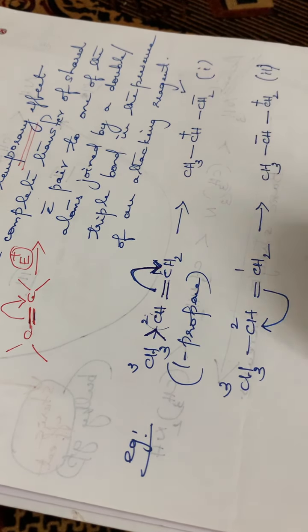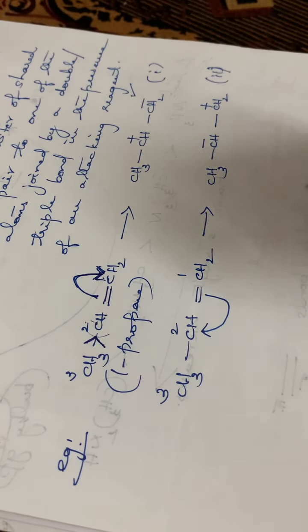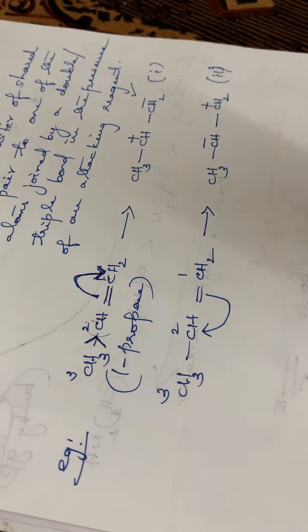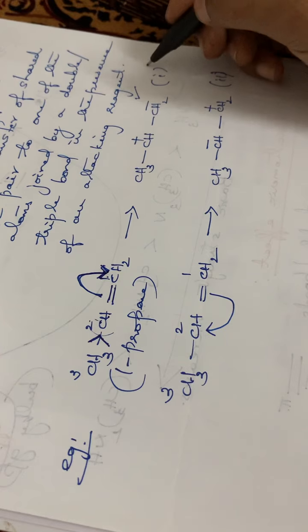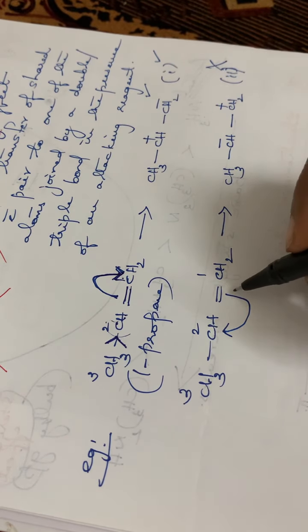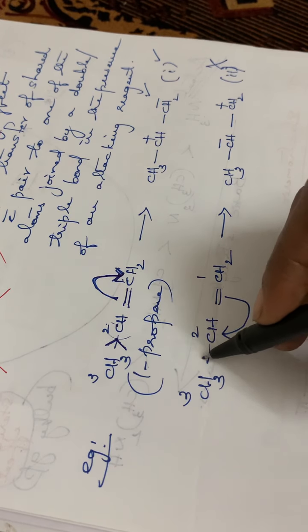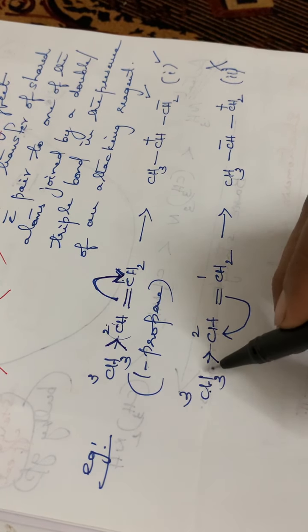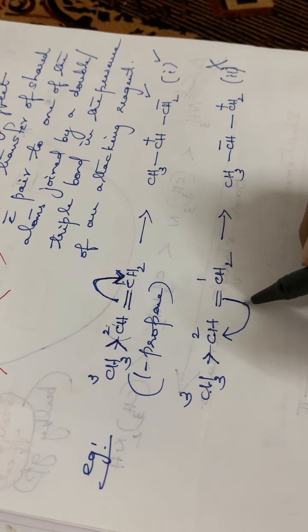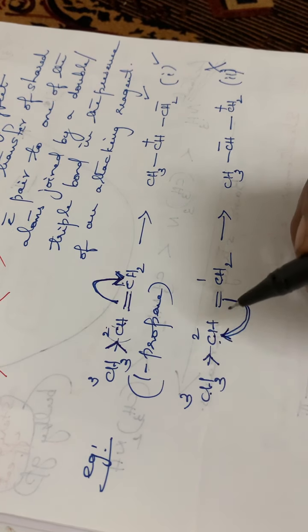So the actual electron displacement is the first case. The first case is the right one, but the second case will not take place because it is opposite to the inductive effect, isn't it? The methyl group is pulling the electrons towards this carbon atom, but the pi electron pair cannot displace towards the second carbon atom.